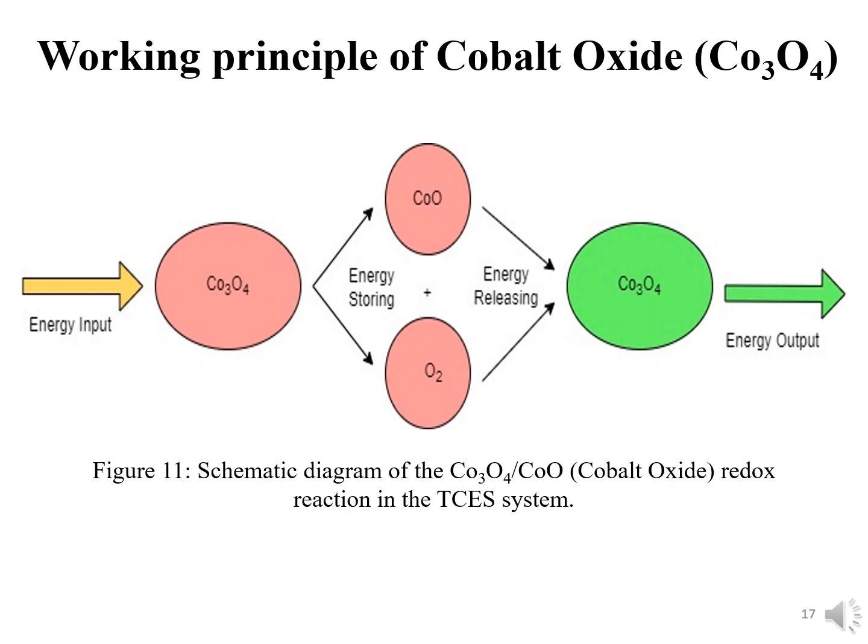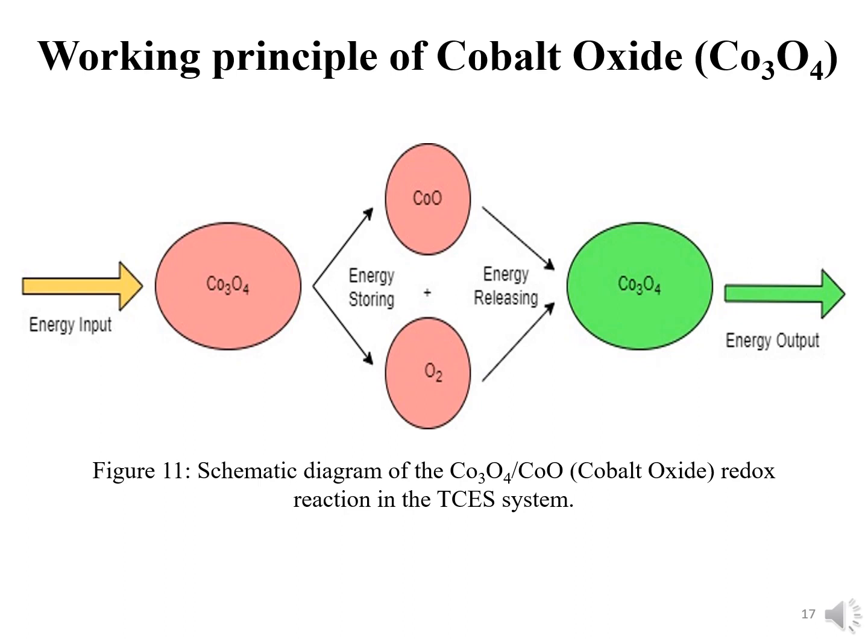Now moving further ahead, the next slide is about the working principle of cobalt oxide. So the cobalt oxide stores energy in two forms. The first one is energy storing and the next one is energy releasing. The schematic diagram represents the redox reaction in the thermochemical energy storage system. As we can see in this diagram, the input energy comes from a boiler or from sources like the sun, and strikes the cobalt oxide material.